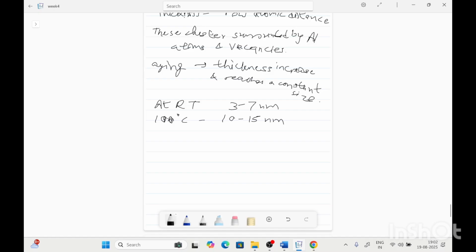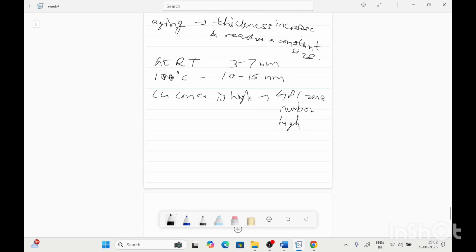If the copper concentration is high, the GP1 zone number will also be high, meaning the GP1 zones will form at several places in the solid solution. If the copper concentration is low, the GP1 zones will form only at specific sites.